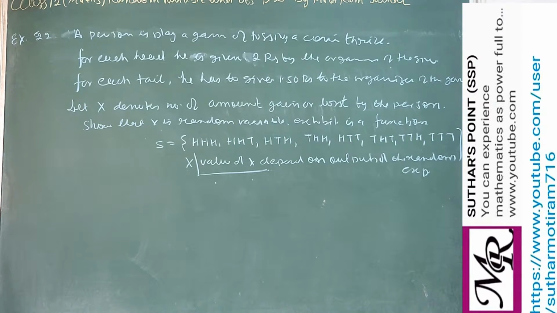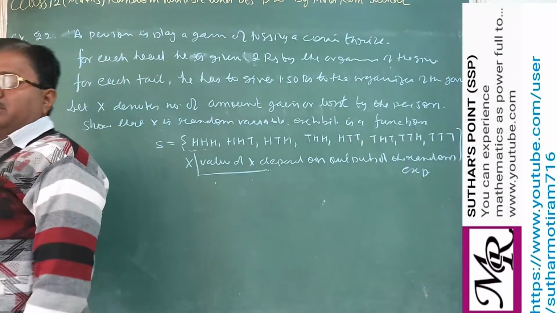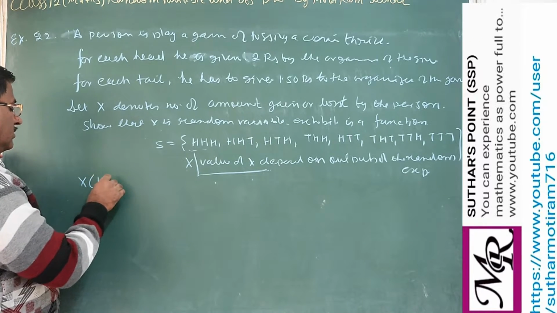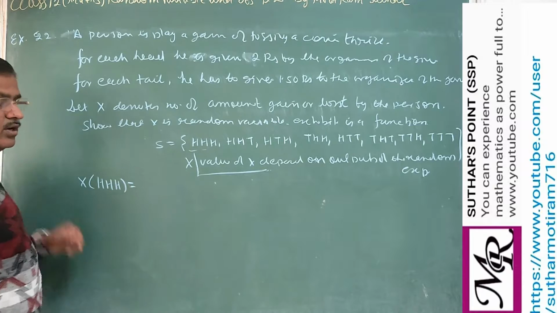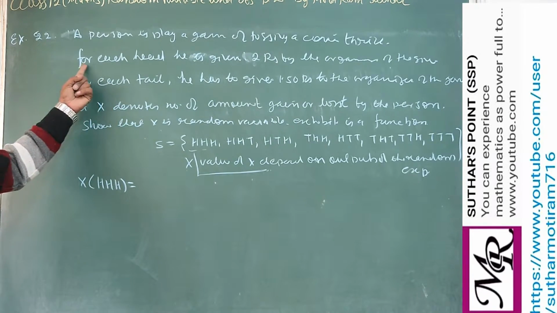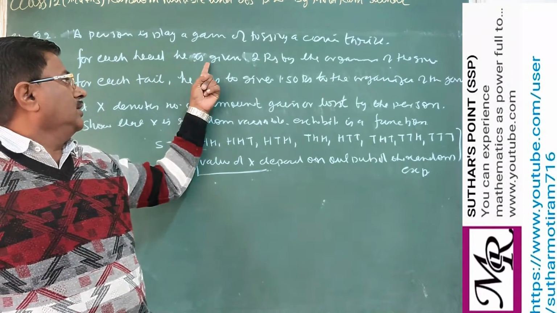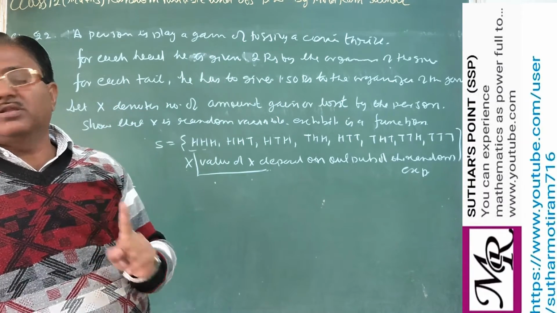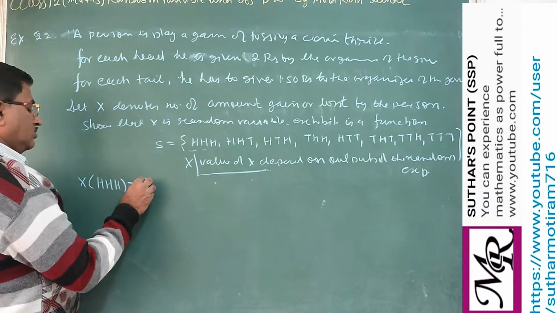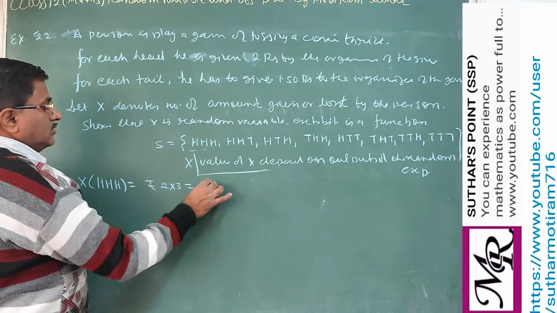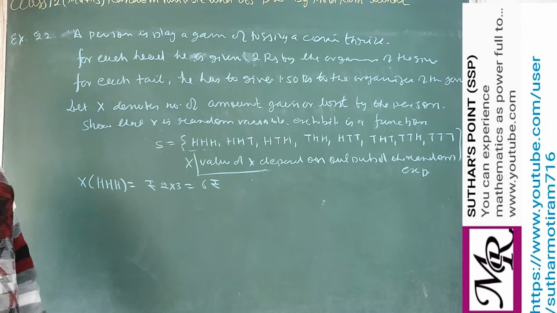In the first case, HHH, there is only one such case. What is the amount he either gains or loses? Now you can see the condition says for each head he is given 2 rupees by the organizer. If one head comes, he gets 2 rupees. Here 3 heads came, so 2 into 3, he gets 6 rupees.